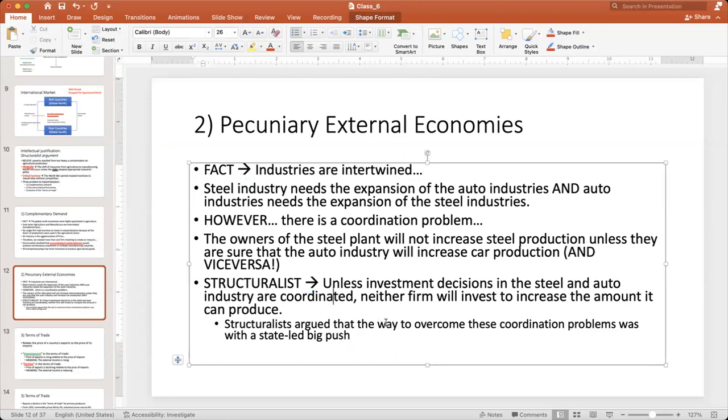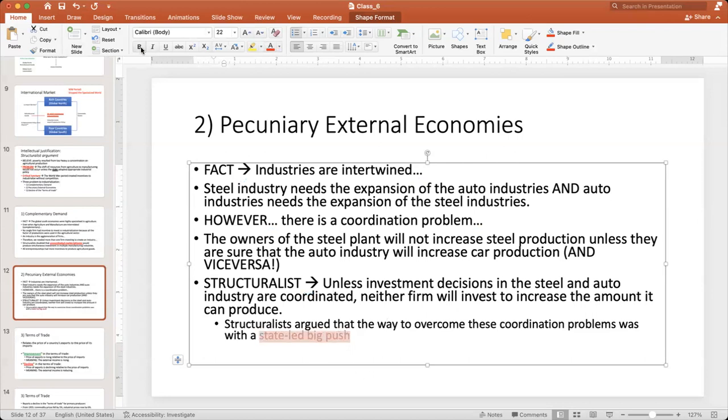And again, this is a market problem because unless investment decisions in the steel and car industries are coordinated, neither will invest to increase the amount it can produce. So structuralists argued that the way to overcome this coordination problem was with a state-led big push.